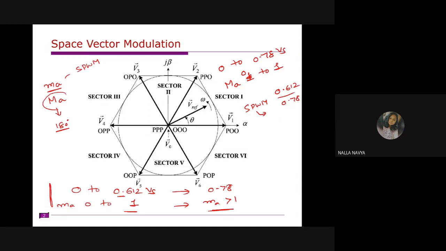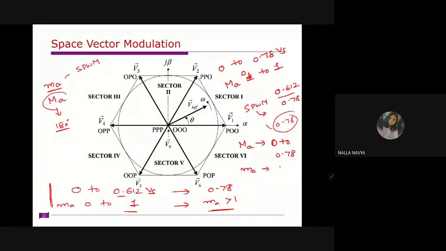They restricted that MA to 1. So the capital MA varying from 0 to 0.78 is equivalent to the small MA changing from 0 to 1.